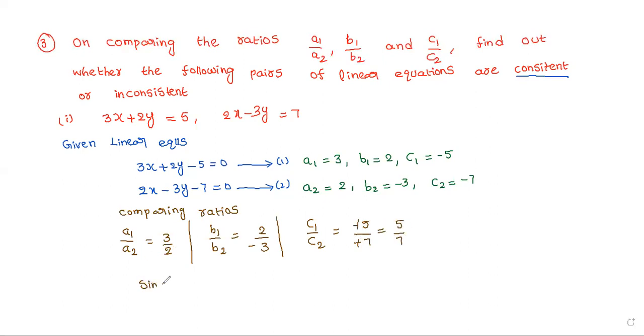Since a1 by a2 is not equal to b1 by b2, the values are not the same. Therefore, the pair of linear equations is consistent.